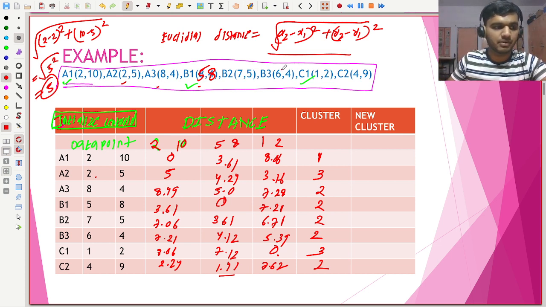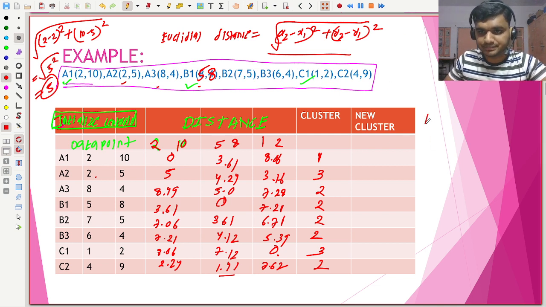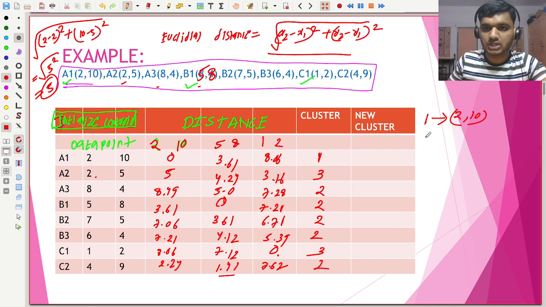It is the step up. So how will it be updated? You notice for cluster one, the point is only (2, 10). For cluster two, you notice 1, 2, 3, 4, 5 points are there. Which 5 points?